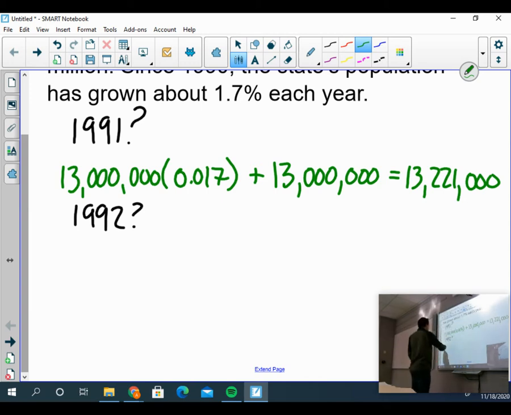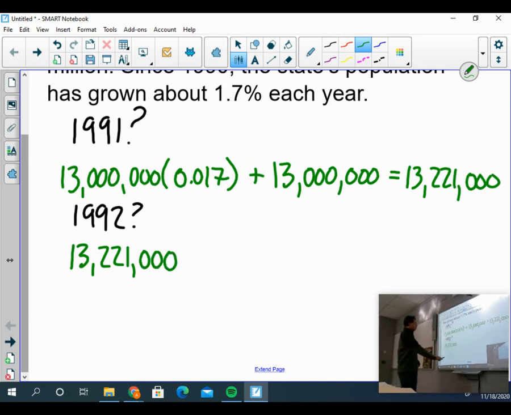Well, my population in 1991 was 13,221,000. Since we're growing by a percent, we can't just keep 13 million here. Applying the 1.7% increase to 13 million, since we're growing by that amount each year, gets us from 1990 to 1991. But to get from 1991 to 1992, I have to grow the 1991 population by 1.7%, which means I have to grow that 13,221,000 by 1.7%.